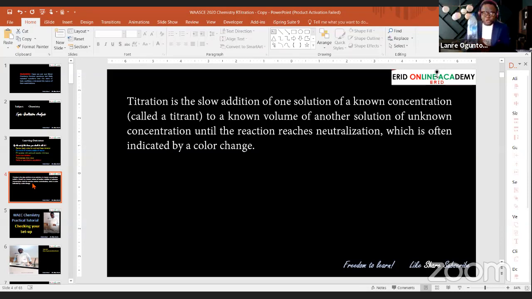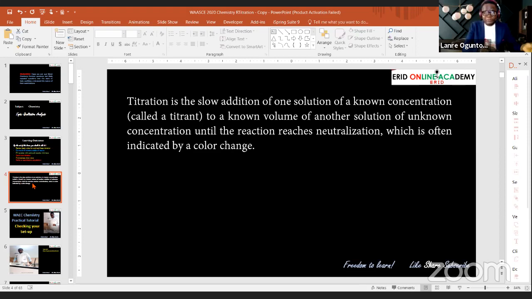To know the concentration means I know the amount in moles of solute dissolved in it. Then I have another solution whose concentration I don't know. So I take that other solution and titrate the first solution with it.